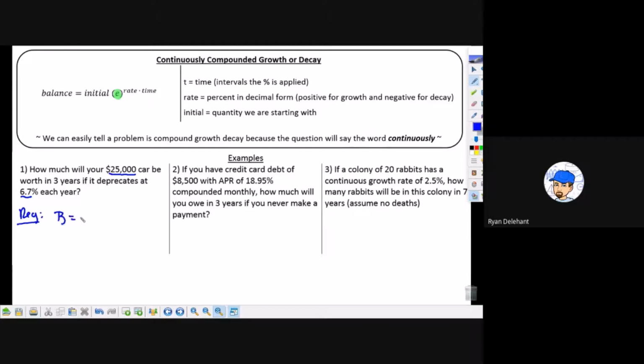So our balance is our initial, 25,000. Now, this car depreciates, right? Cars most likely don't usually gain value, they lose value. What does it mean to depreciate? Does the value get more or less? It gets less. So when you do that, what you have to be careful with is that this percentage is actually negative.